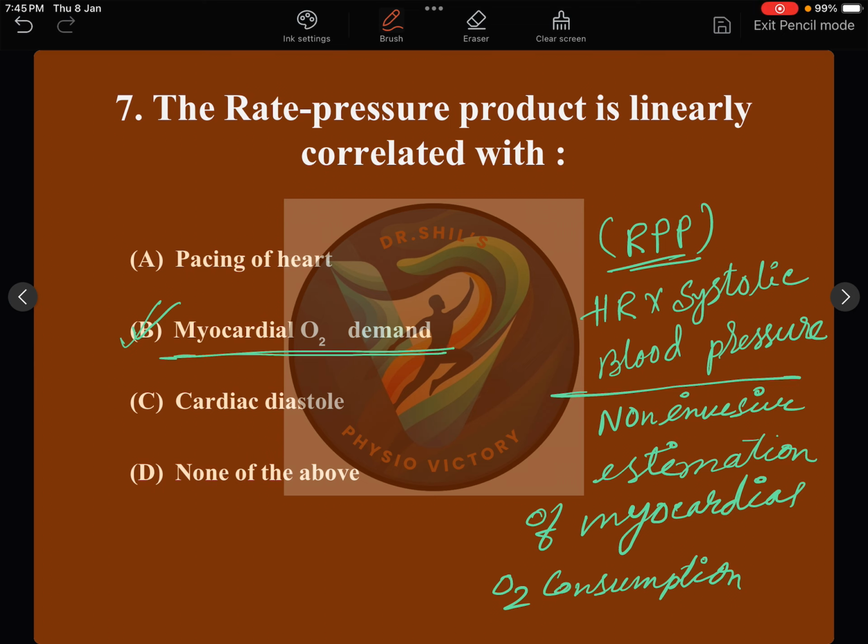So the correct answer is option B, myocardial O2 demand.